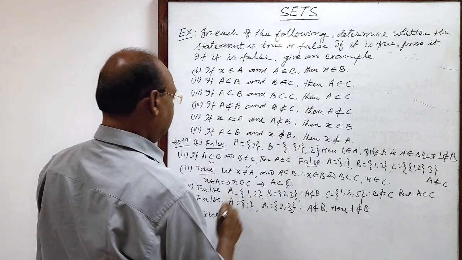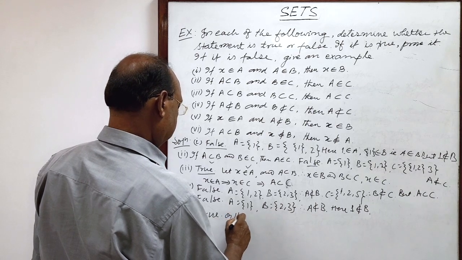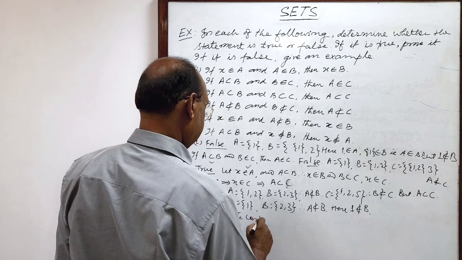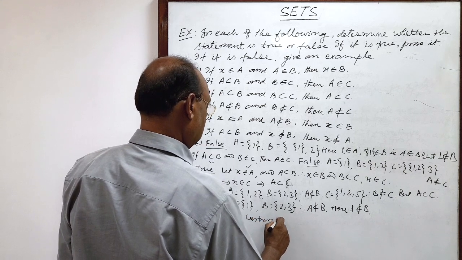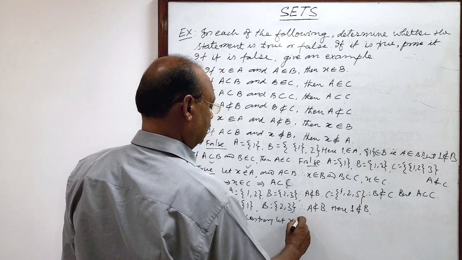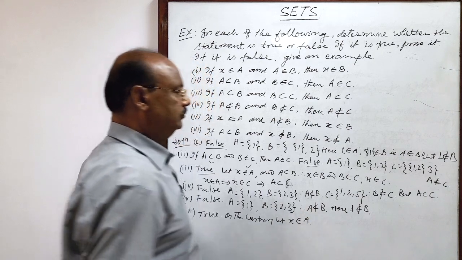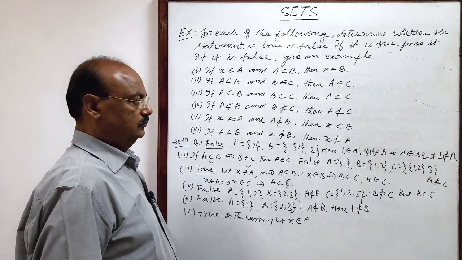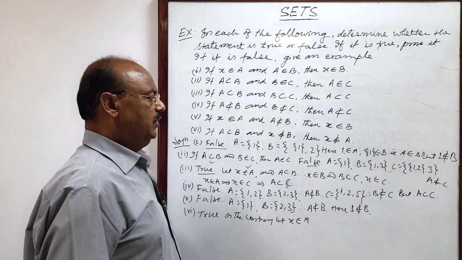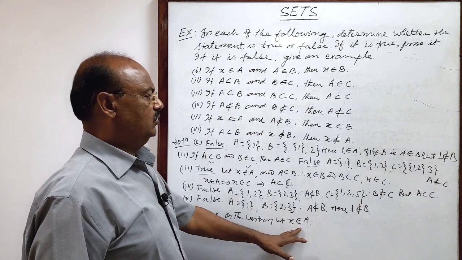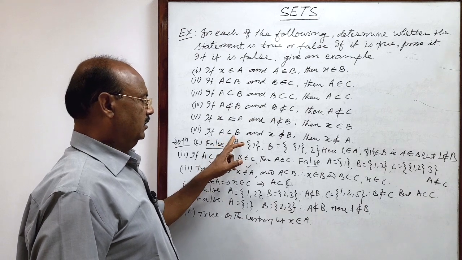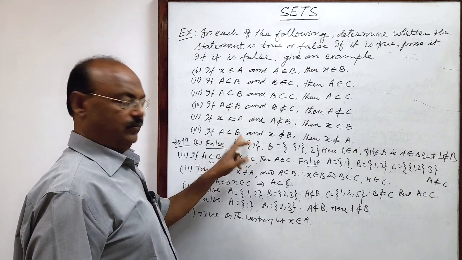On the contrary, which means contradictory, let X belong to set A. Of course, the statement says X does not belong to A. On the contrary, we are supposing X belongs to set A and A is a subset of B, so X must belong to B.